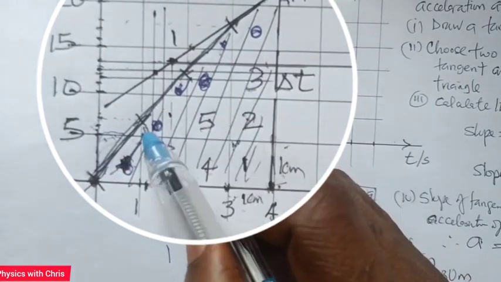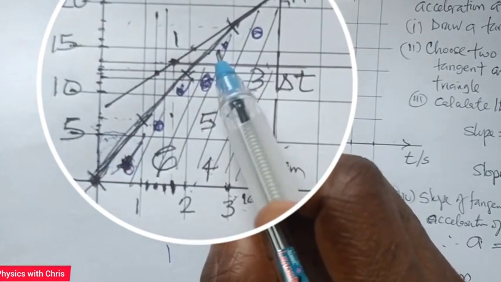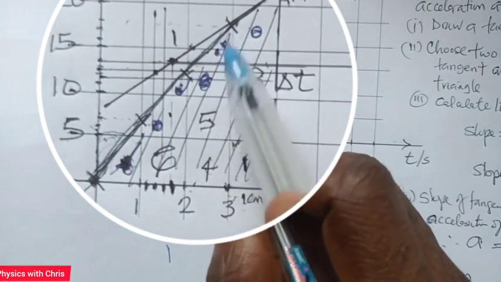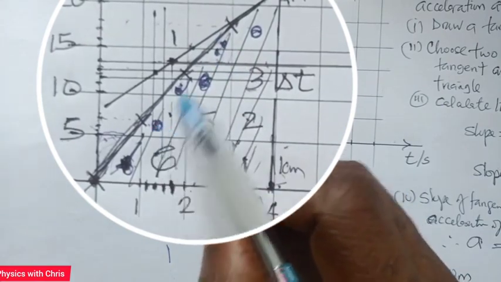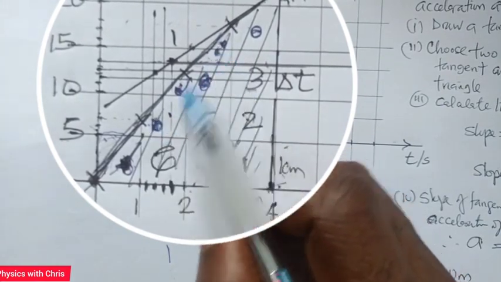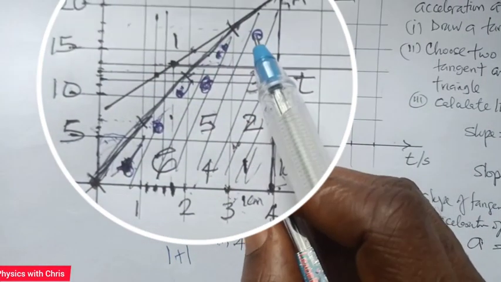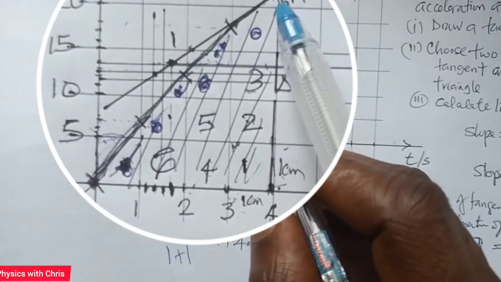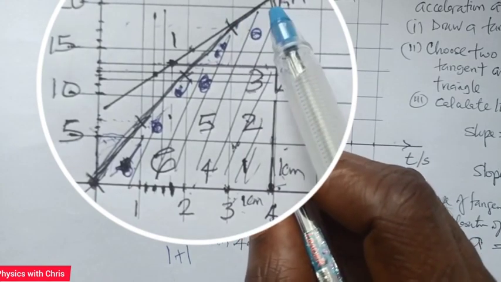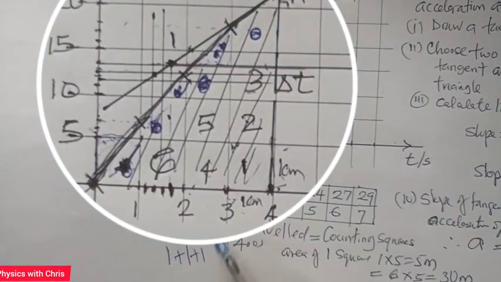Then this one appears to be half of a square, so both of them can give me another square. Then this small thing added to this small space gives another square.